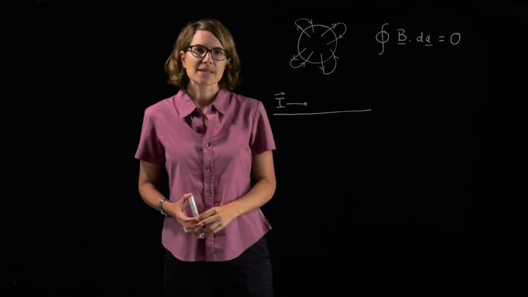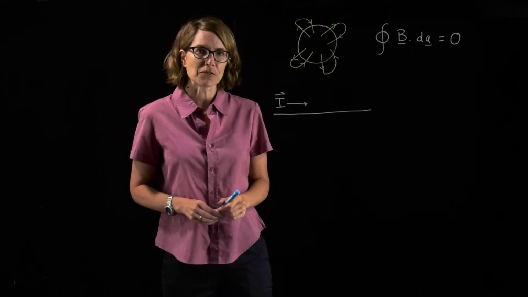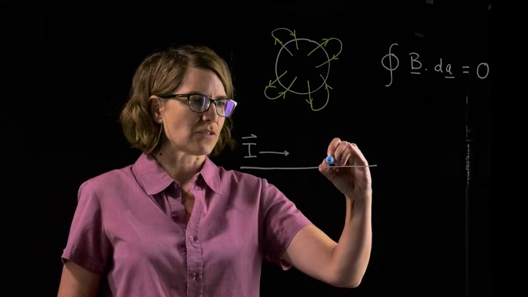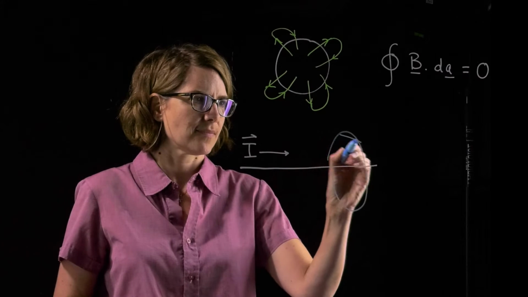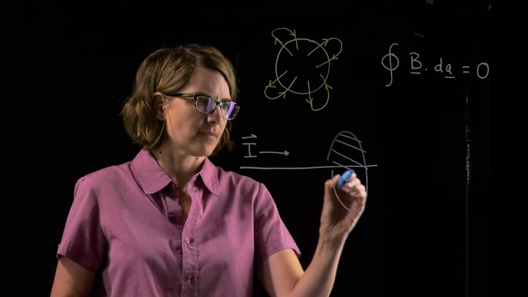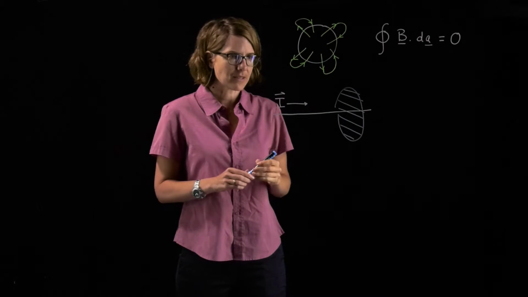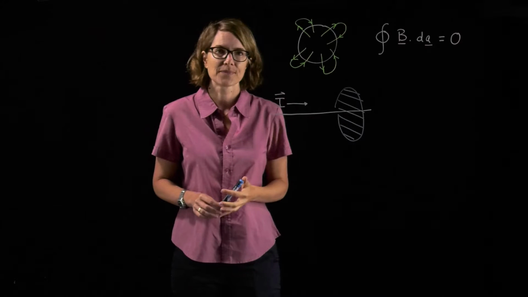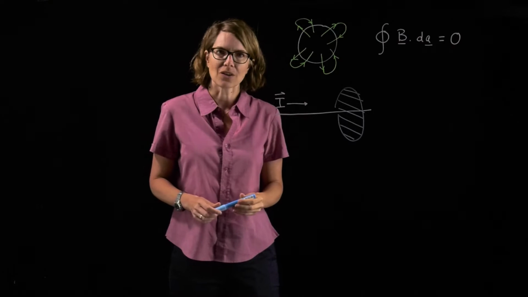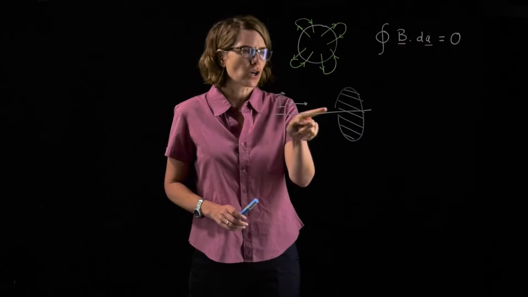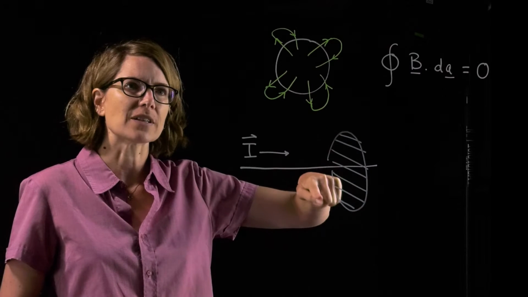Ampere's law says that the current that passes through a surface, let's draw a surface here, the current that passes through this surface is proportional to the amount of magnetic field not going through but circulating around the boundary of this surface.